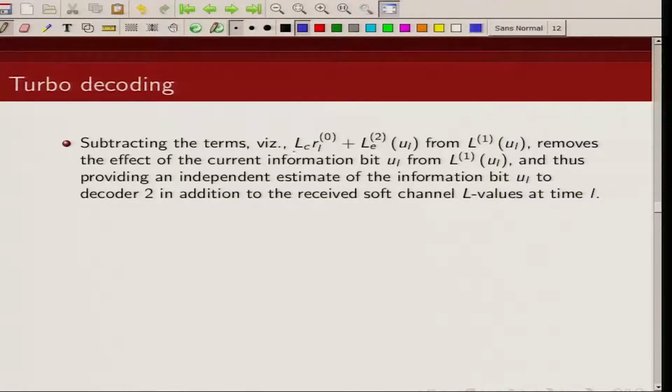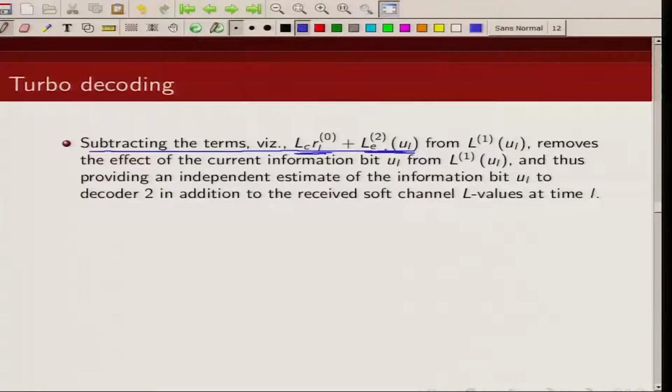So, why are we subtracting these terms, this information bit term and the a priori term? We are essentially trying to remove the effect of the current bit from the APP value. In some sense we are trying to provide an independent estimate, because this a priori information has come from the previous extrinsic information of the previous decoder.